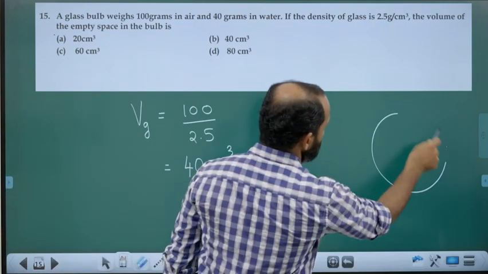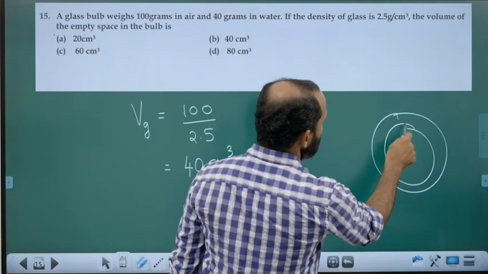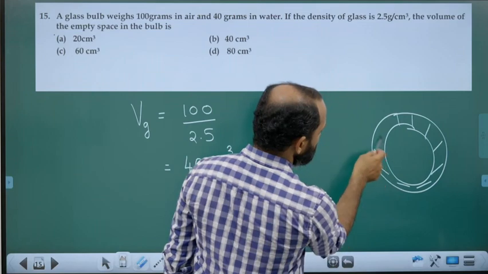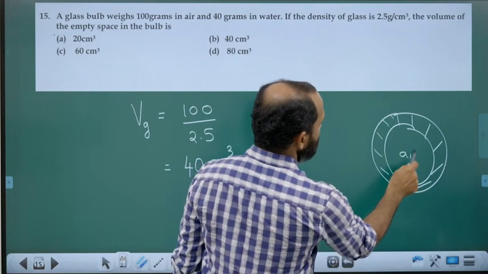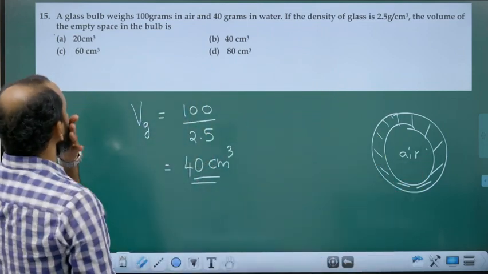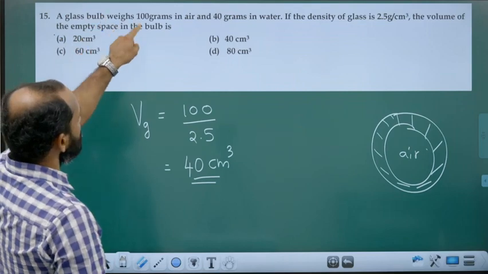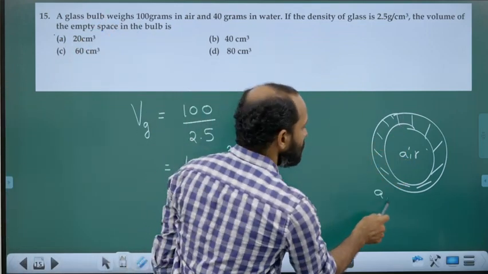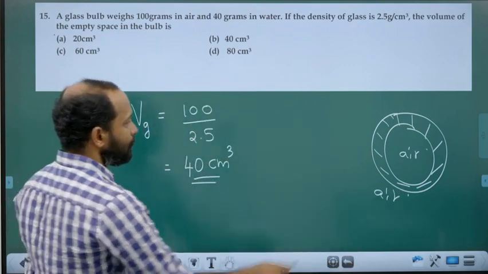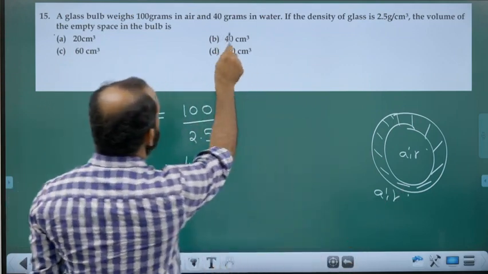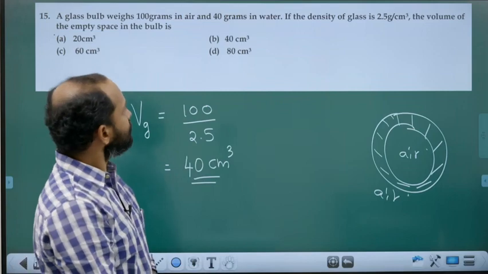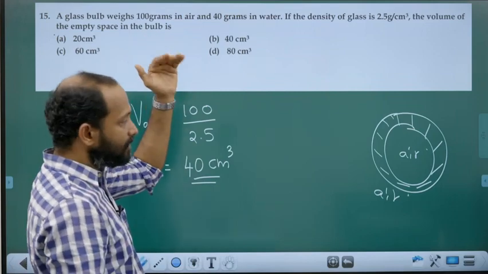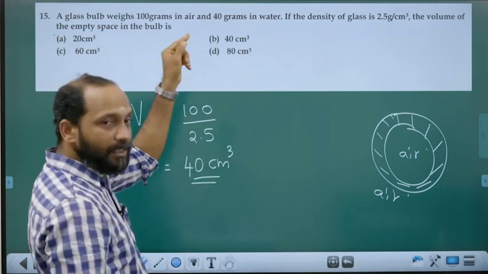A thick glass bulb. The shaded portion is glass and inside is air. The glass bulb weighs 100 grams in air. That means inside is already air, outside is also air. So its mass is 40 gram in water. 100 gram is the mass in air, 40 gram in water.